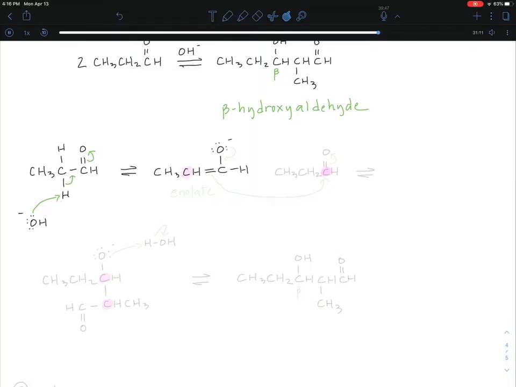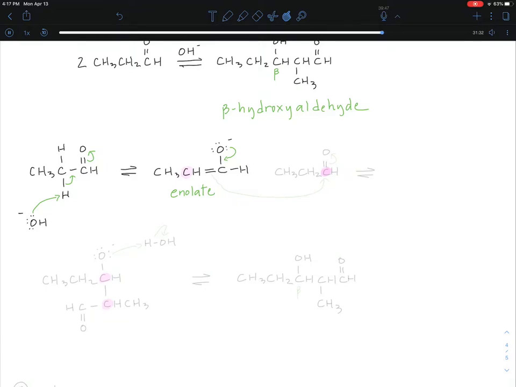Now what? Along comes our electrophile. Now we have our nucleophile here, right? We have our enolate. Let me write that out. This is our enolate. What ends up happening is these electrons are going to come down, and we're going to end up attacking.